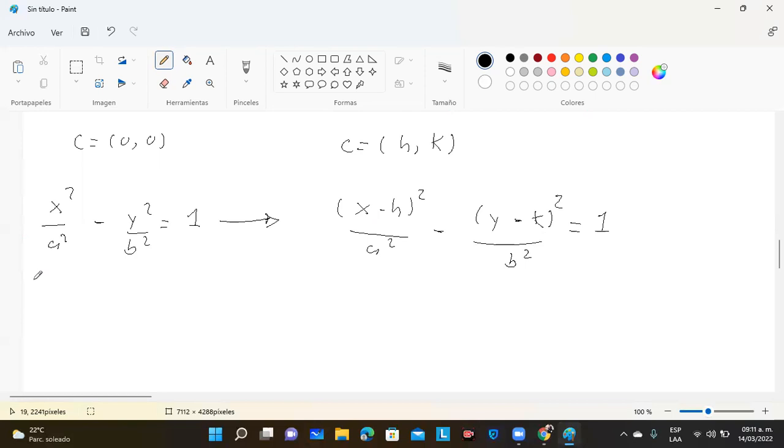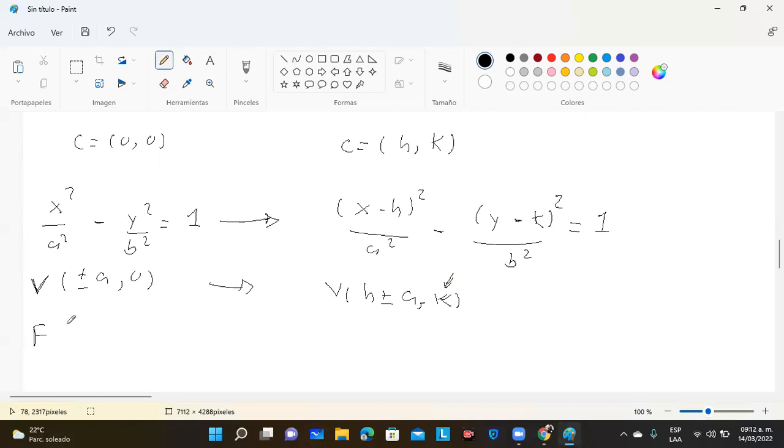Now the equation for the coordinates of the vertex is plus or minus a, comma 0. When it's shifted, the vertex is h plus or minus a, comma k. Here it's not going to be 0 because it's not in the origin, okay? It's in the coordinate k. And now we have the foci.